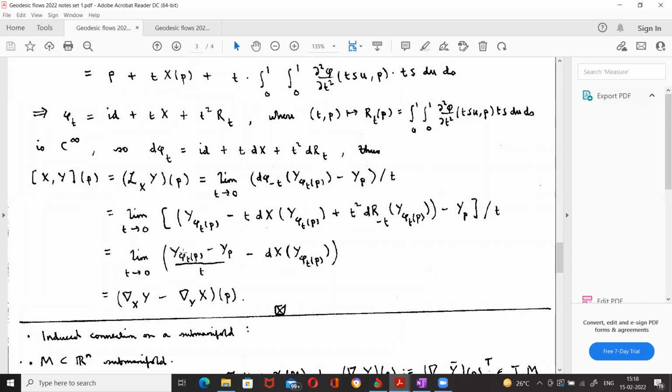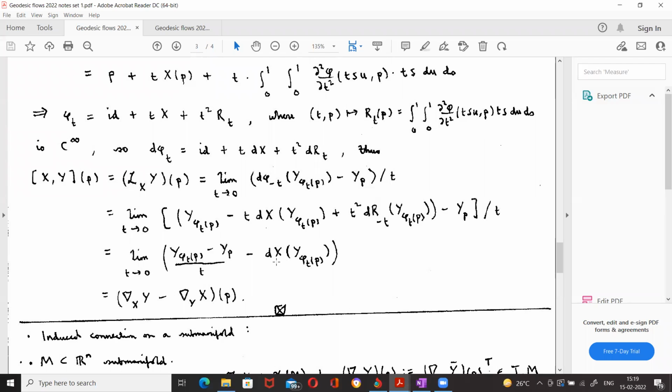And so here, what do I have? The first limit is the directional derivative of y along the integral curve of x. So this is nothing but the covariant derivative of y in the direction of x. So this will be nabla x y at p, this first term, minus what is this dx applied to y at phi t of p? As t tends to 0, this will converge to dx at y of p. But what is dx at y of p?